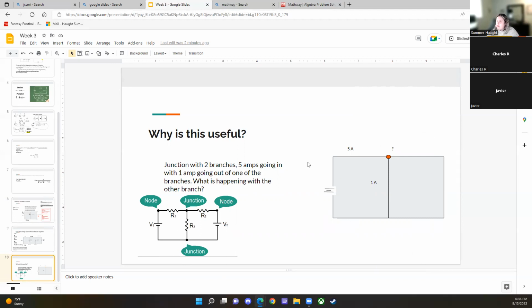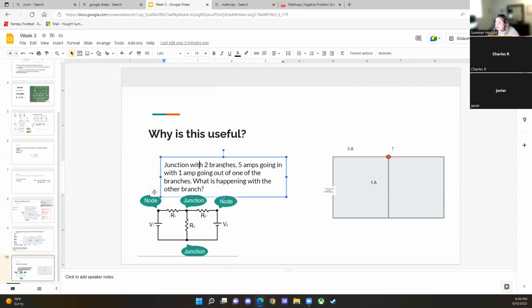So this is a pretty simplified example, but one that you could get on the quiz this week. It is as simple as we have a junction with two branches, and it has 5 amps going into it with 1 amp going out of one of the branches. What is happening with the other branch? We know that we have 5 amps going into this first junction, and 1 amp coming out.